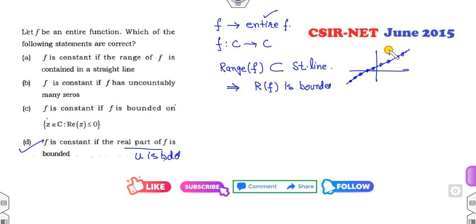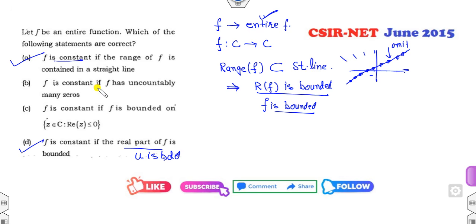They omit points from the complex plane. So all those points are omitted. As I told you, a non-constant entire function omits at most one point. Otherwise, the function is constant. So the range omits more than one point, and that means the range is bounded. If the range is bounded, that means the function is bounded. If the function is bounded and entire, that means the function is constant, so it is a correct option.